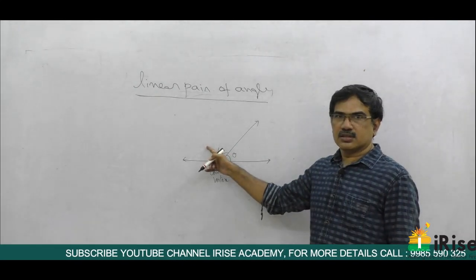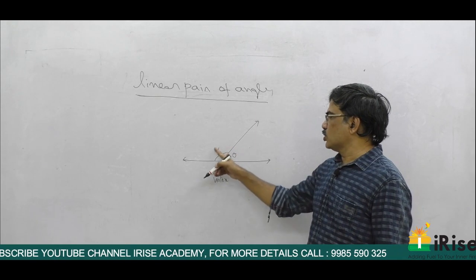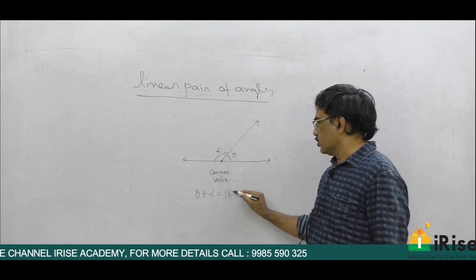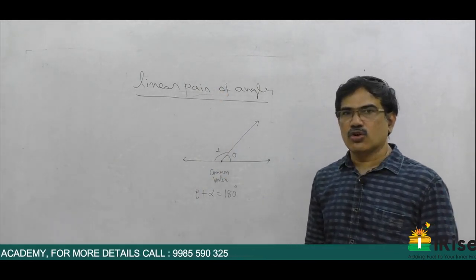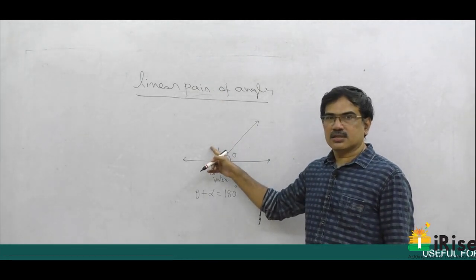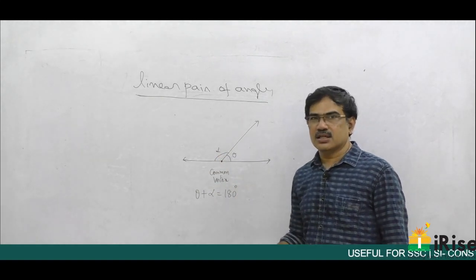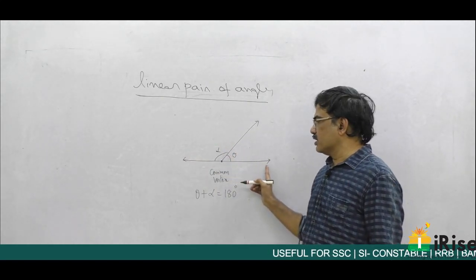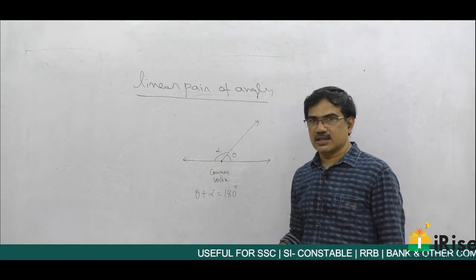If two angles are adjacent and the sum of these two angles is equal to 180 degrees, theta plus alpha equals 180 degrees, then we say that they are called a linear pair of angles. The sum of two adjacent angles equal to 180 degrees is a linear pair of angles. These two angles form a straight line. That's why they are called a linear pair of angles.